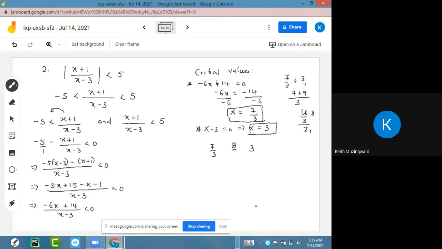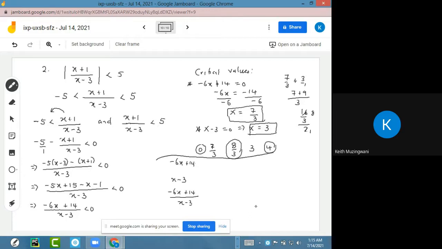So 8 over 3 is a number in between 7 over 3 and 3. A number bigger than 3 can be 4 or any number. Less than 7 over 3, we can use 0 the easiest, and then get -6 plus 14, also get x minus 3, and get the whole -6x plus 14 over x minus 3.